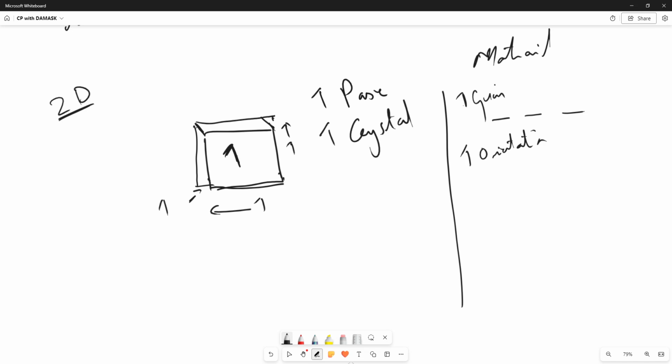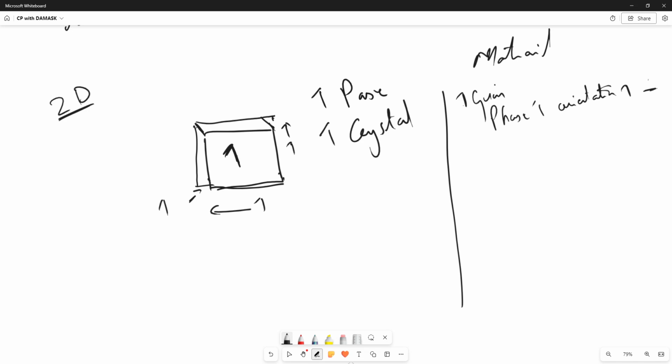The important point here is it has phase 1. I will also delete this. The important information here will be that one grain has phase 1, orientation 1, and then it is homogeneity.